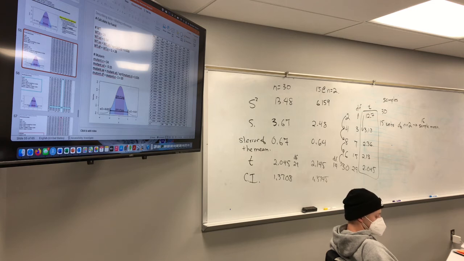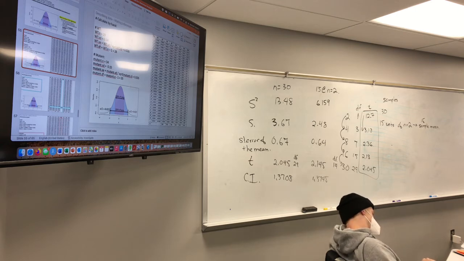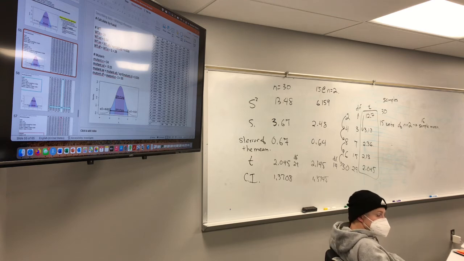If we have this confidence interval and we generated another sample mean of 1.5, we would have concluded that this 1.5 came from another population because it doesn't fit within this 95% confidence interval.